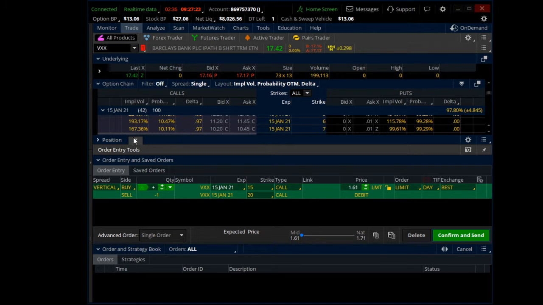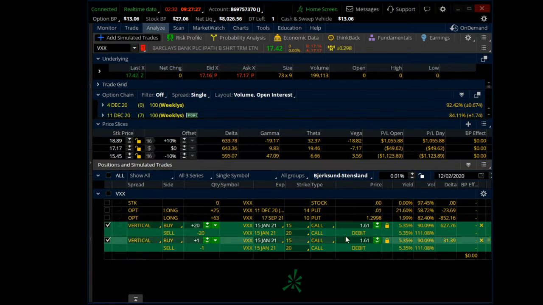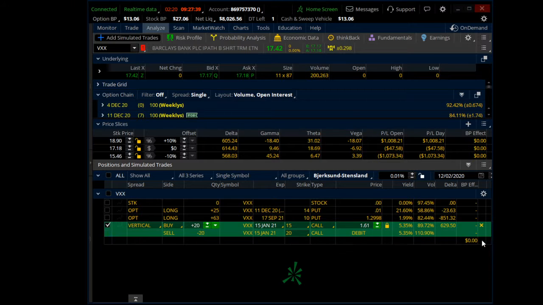Second of all, if we model this spread in our Analyze tab, the way I did that was I right-clicked over the trade and selected Analyze. If we model this spread, let's say we were to put the spread on 20 times, we would actually be collecting money every day.